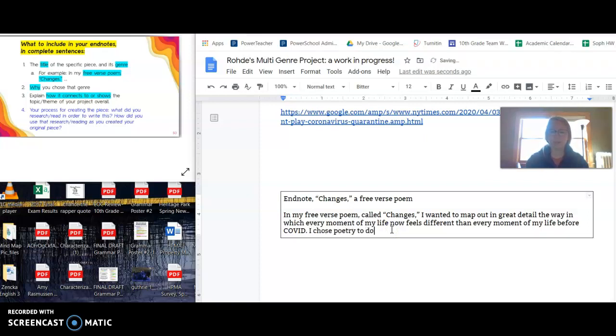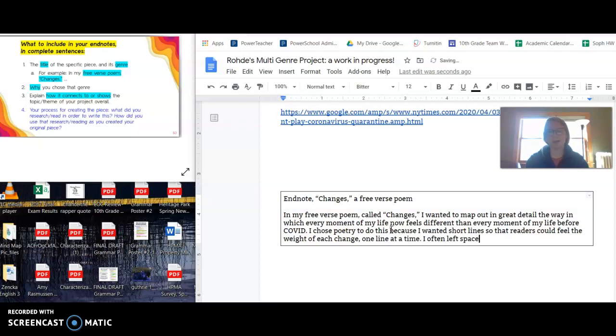I chose poetry to do this because I wanted short lines so that readers could feel the weight of each change, one line at a time. I often left space between each set of lines to let the little changes, which feel so big, sink in for the reader.